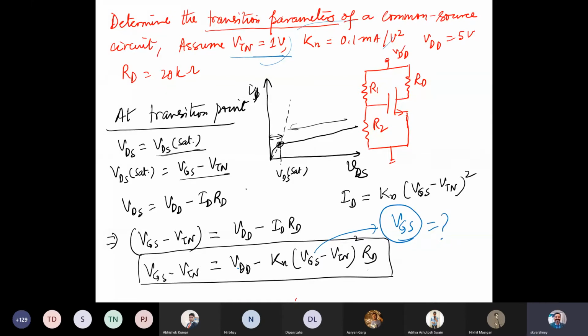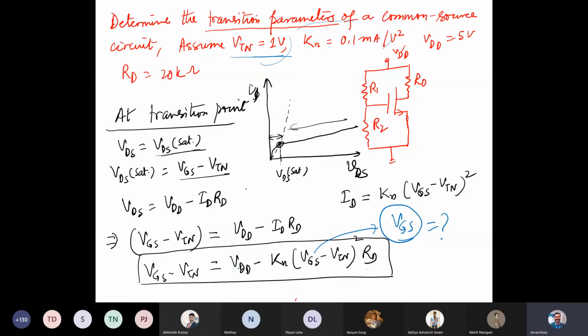So maybe you can quickly calculate it. If you have a calculator, you may quickly calculate. VTN is 1 volt, Kn is 0.1 milliampere per volt square, and RD is 20 kilo ohm. So can we quickly estimate the value of VGS?